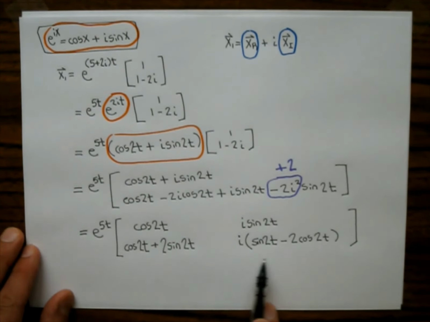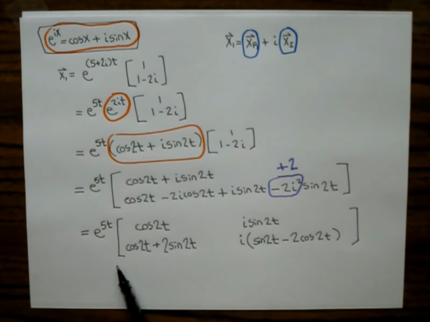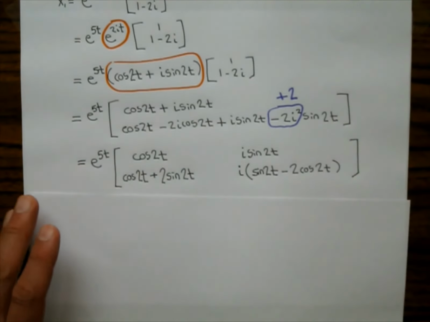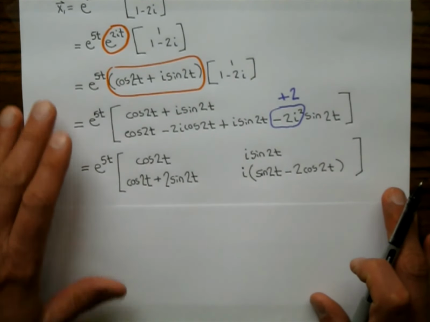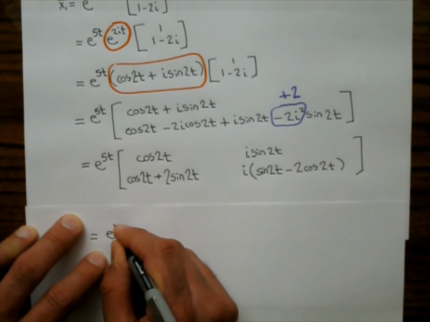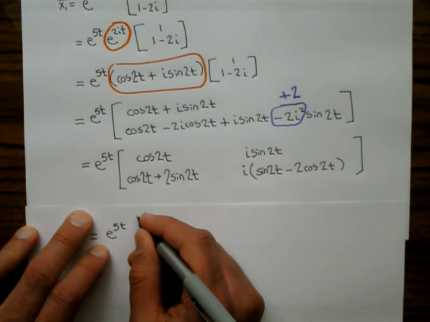And so see what I did? All I'm doing is algebra, and I've separated it out like that. The next thing I'm going to do is break this up into two vectors. So let's go ahead and do that. This gives me e to the 5t, and then what do I have?